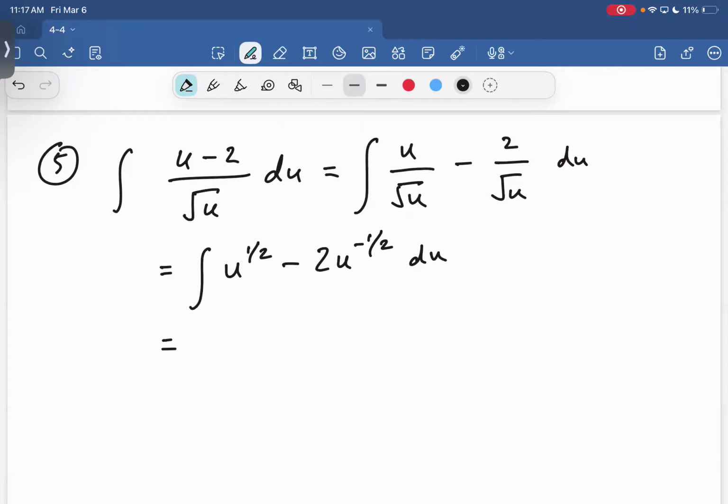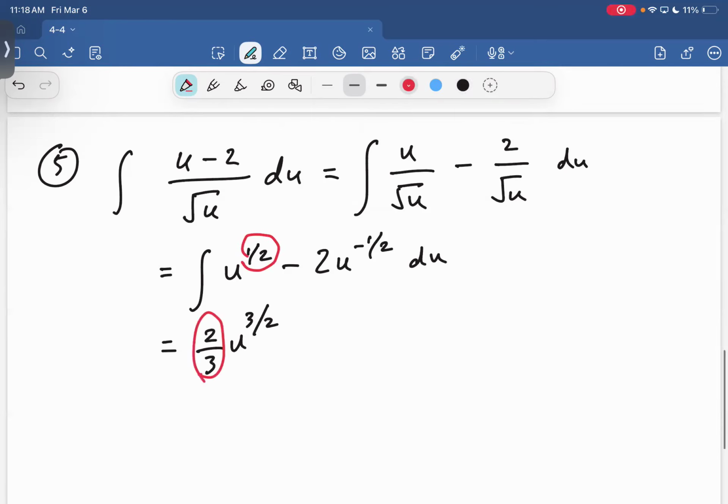All right, anybody have the integral for this? Good. 2/3 u to the power of 3/2. All we do is we take the power and then we increase it by 1 and then flip it, right? So that gives us our coefficient. 1/2 plus 1 is 3/2. Then the reciprocal of 3/2 is 2/3.